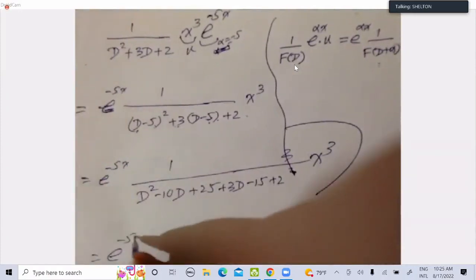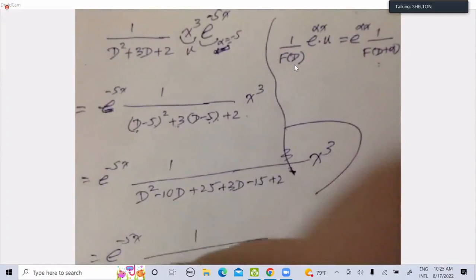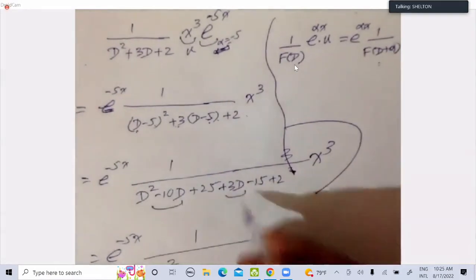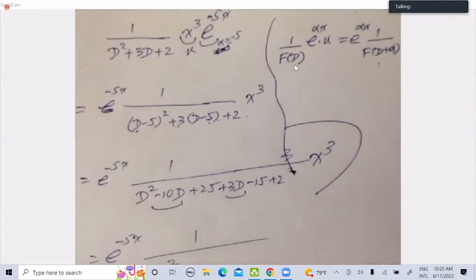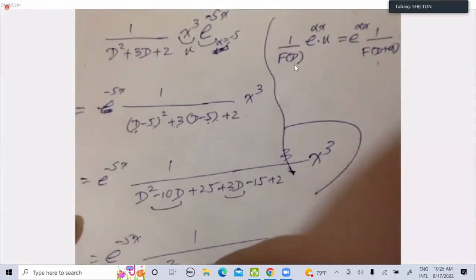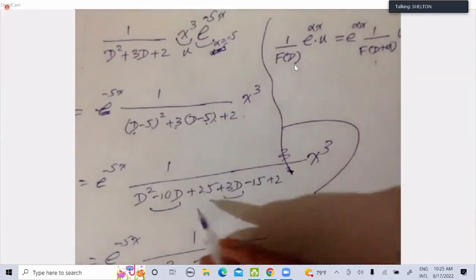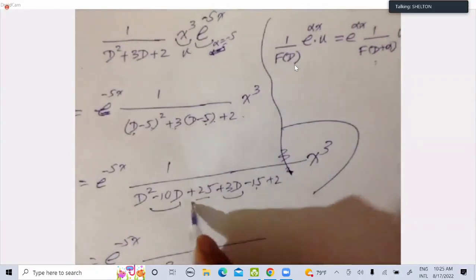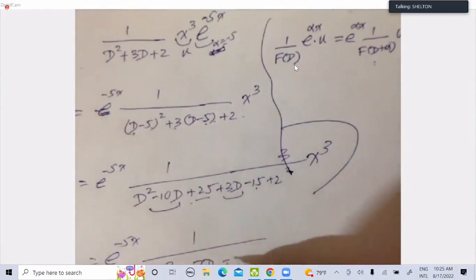That gives e to the minus 5x times 1 over d squared minus 10d plus 3d, which is minus 7d. Then 25 minus 15 is 10, plus 2 is 12, x cubed.